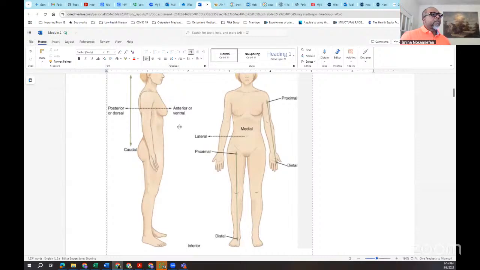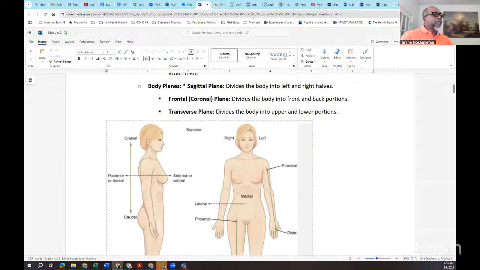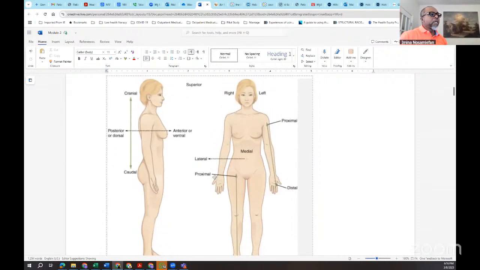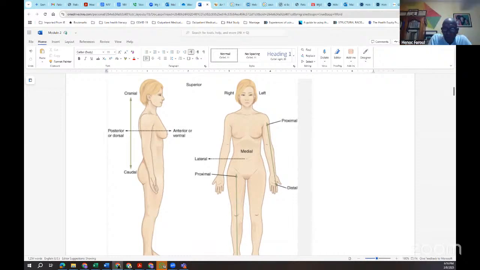So medial, lateral. Proximal, distal. Something that is higher up is called superior, and something that is lower down is inferior. The nose is superior to the mouth, and the chin is inferior to the lips.